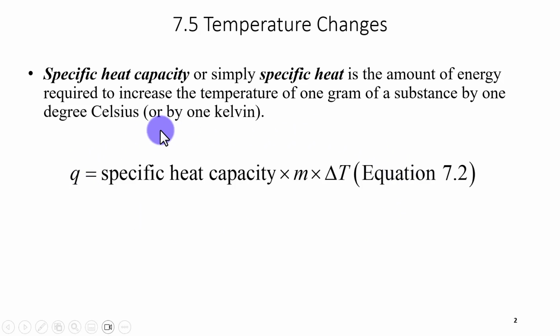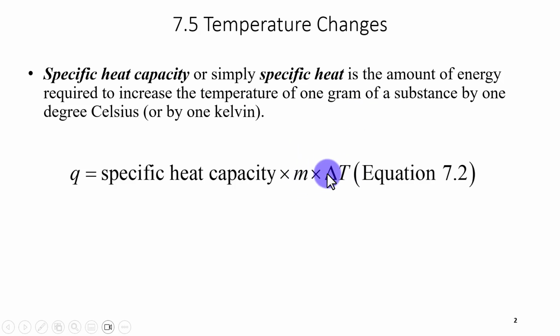And here is what this translates into mathematically in this equation. So Q is equal to the specific heat multiplied by the mass multiplied by the change in temperature. Now, the specific heat is defined as the energy that is required to increase the temperature, so delta T to be 1, so 1 degree, of 1 gram of a substance.